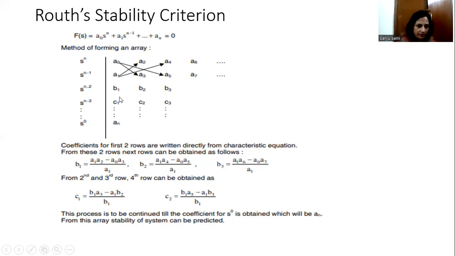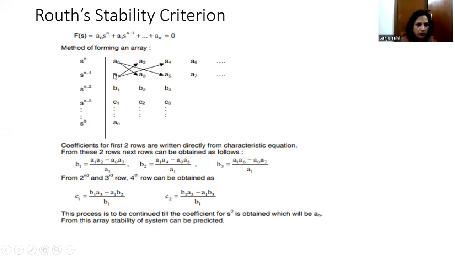And how do we write down b1, b2, b3? b1 will be equal to a1 a2 minus a naught a3, divided by a1. Then b2 will be equal to a1 a4 minus a naught a5, divided by a1.